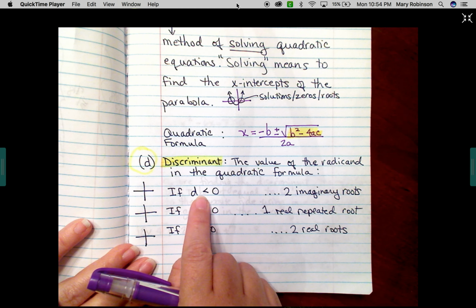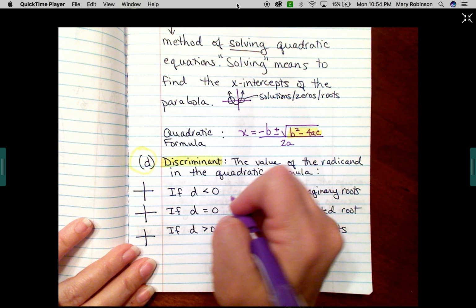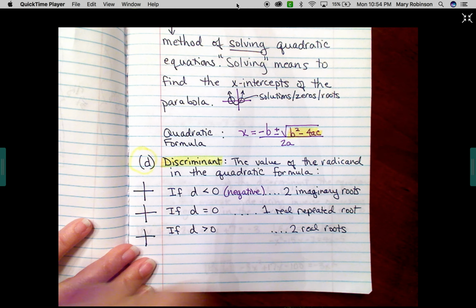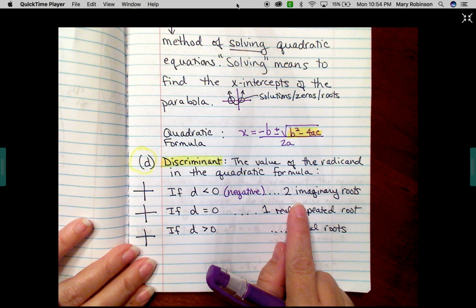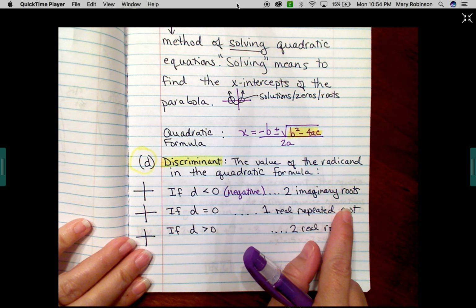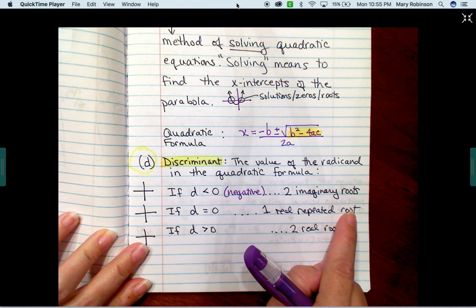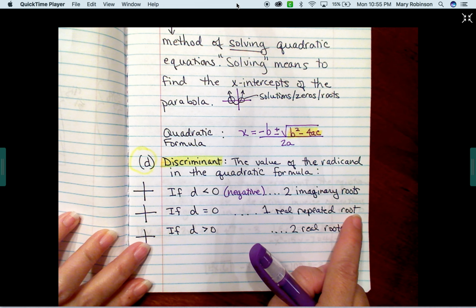If our D value is less than 0, meaning it's negative, then we are going to end up with two imaginary roots. Remember, we just reviewed imaginary numbers as well, like square roots of negative numbers, which ended up having i in them.